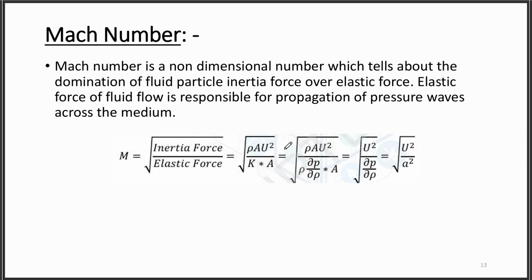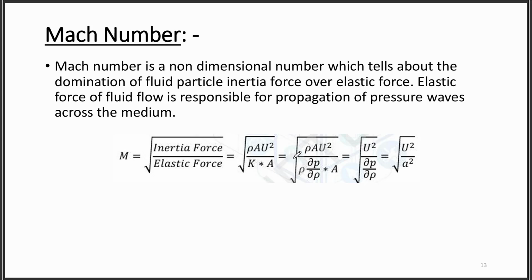And this elastic force is the force which is responsible for the propagation of pressure waves across a medium. So M is given by the square root of inertial force upon elastic force.